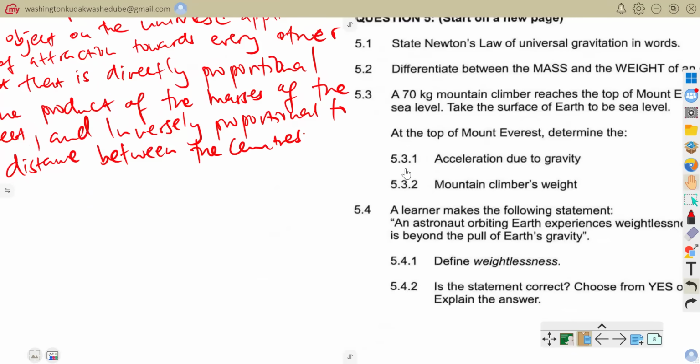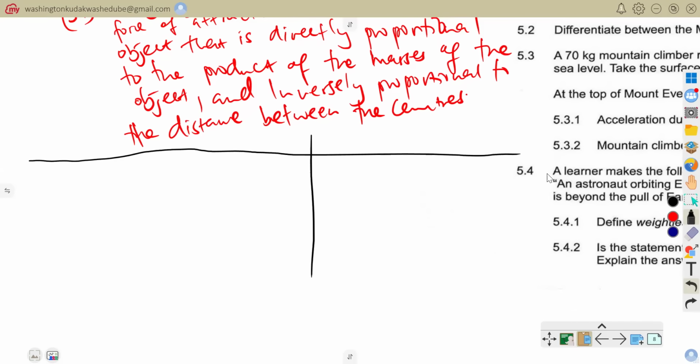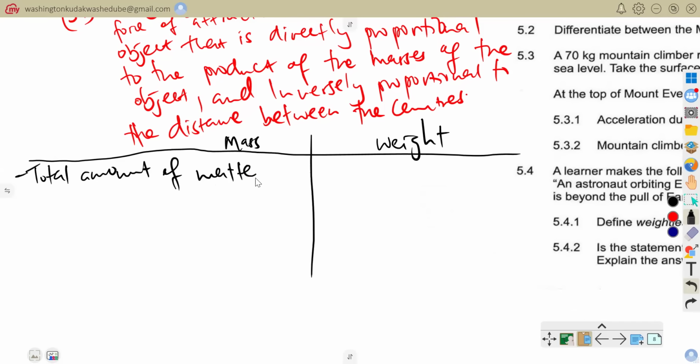So you would have said there, at some point someone clever would draw a table. And then you would say mass, and then you would say weight. Mass is the total amount of matter in an object.